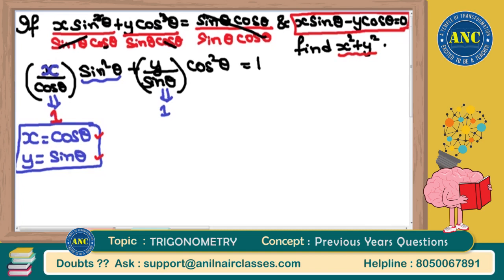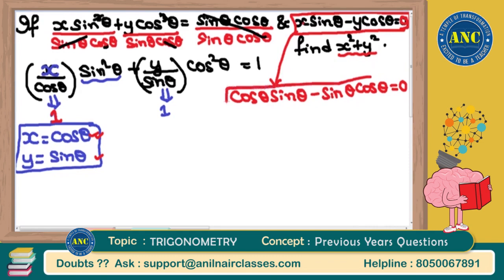I believe you are able to understand. Please substitute and check it, sir. x is cos theta. Substitute into x sin theta minus y cos theta, where y is sin theta: cos theta sin theta minus sin theta cos theta. What will be the value? It will be 0. That 0 is nothing but the right hand side value.